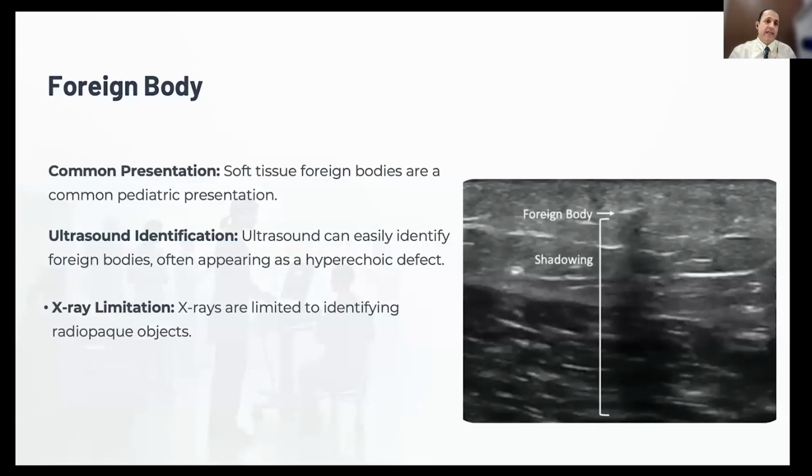Even if the clinical examination is clearly cellulitis, I still prefer to do the ultrasound at the bedside, because maybe I find something that helps me manage my case better.